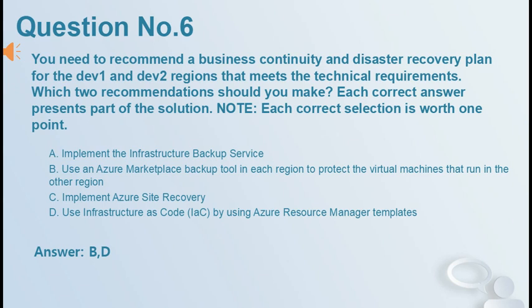B. Use an Azure Marketplace backup tool in each region to protect the virtual machines that run in the other region. C. Implement Azure Site Recovery. D. Use infrastructure as code (IaC) by using Azure Resource Manager templates. Answer: B, D.